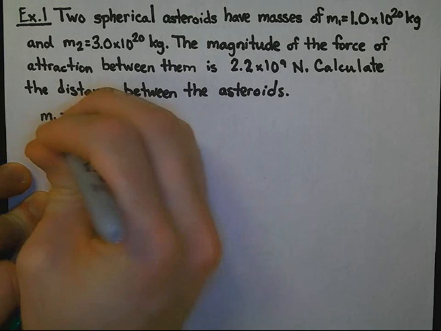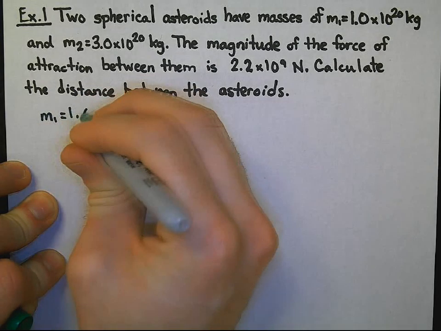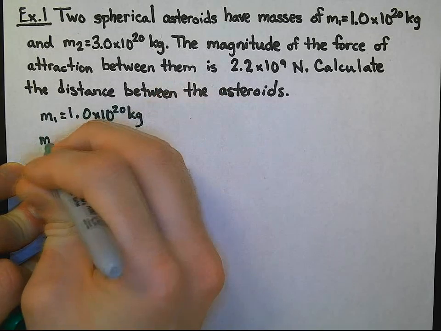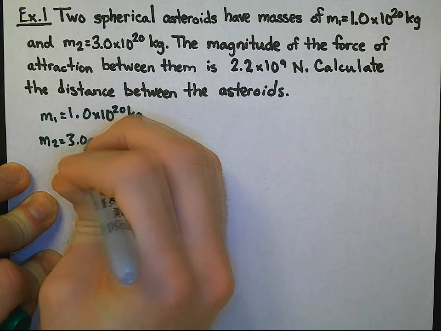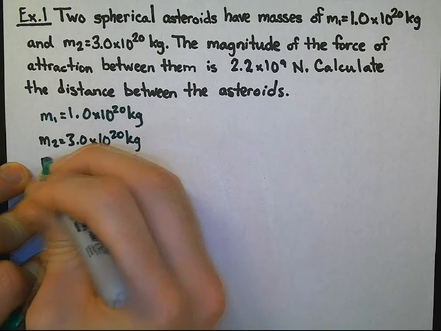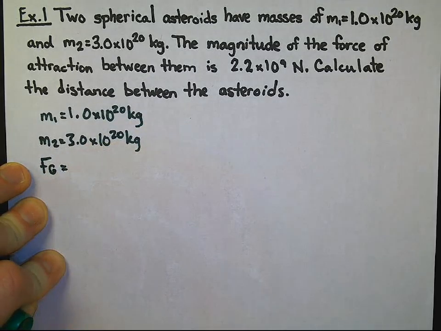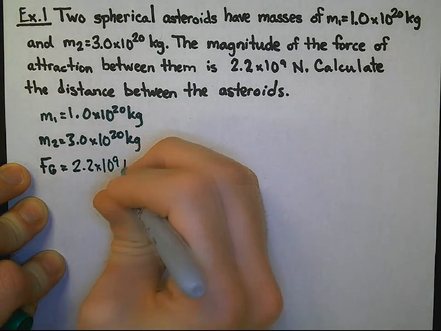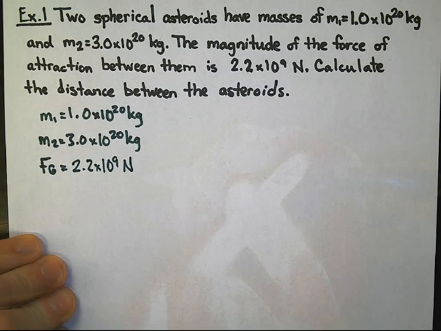So we list off everything that we are given first. And that we have the force of attraction between them from the universal law of attraction, and that is 2.2 times 10 to the 9 newtons. For any type of question like this, the force of attraction is given.